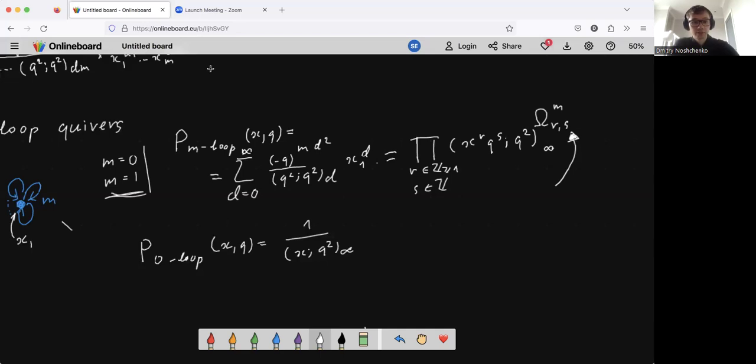I forgot to define this infinite q-Pochhammer, but it's an obvious thing. So we have (x; q) infinity as a product over k of (1 - x q^k).